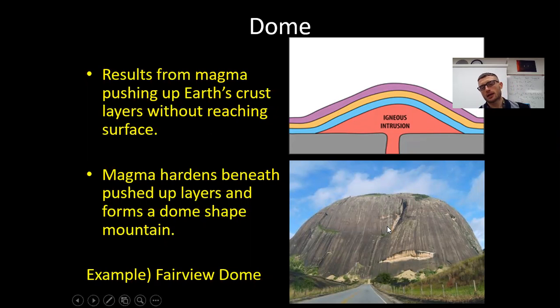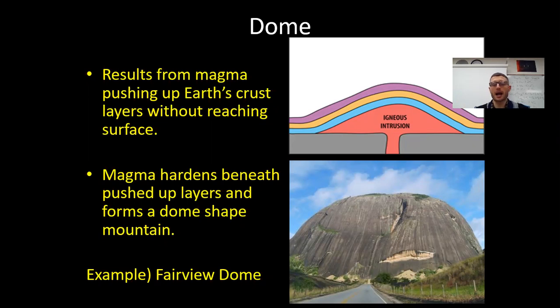How do we get these things? Well, what happens is magma pushes the rock up kind of like a rock bubble, okay? And unlike a volcano, that rock is too tough for that magma to pierce through and have the magma come out of that mountain, okay?